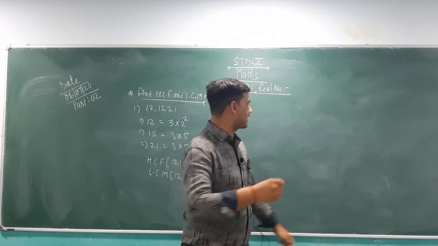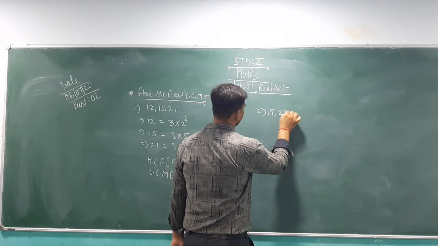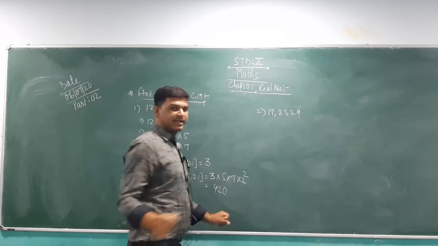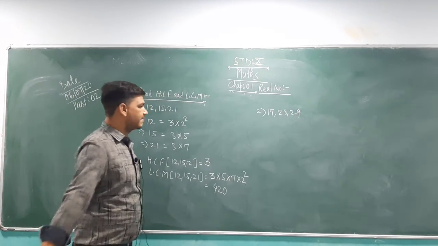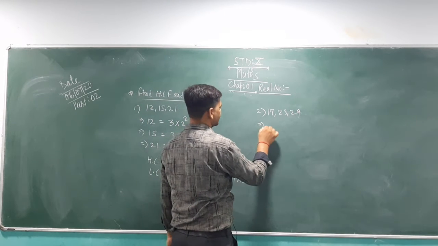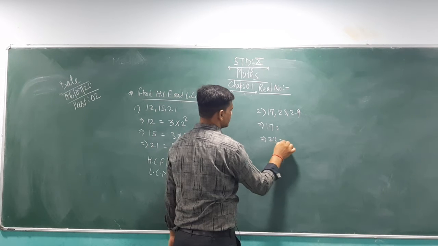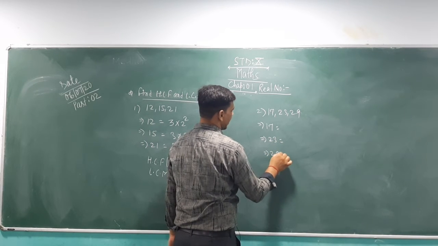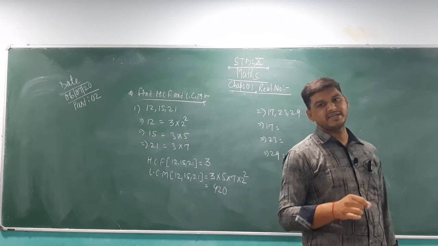Another example I'll take is 17, 23 and 29. Once again, another example as a part of the HCF and LCM. So let's write the factors of 17, 23 and 29: 17 into 23 into 29.